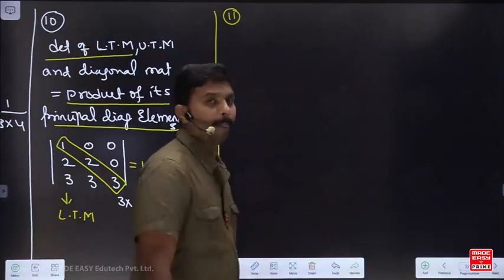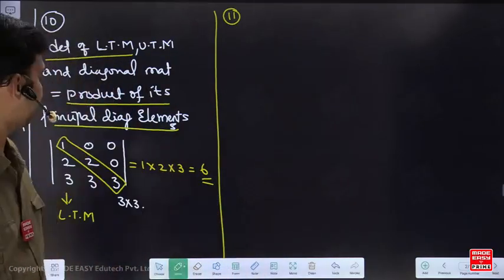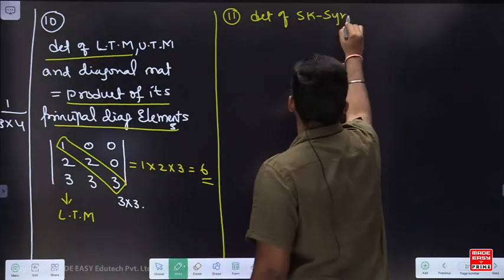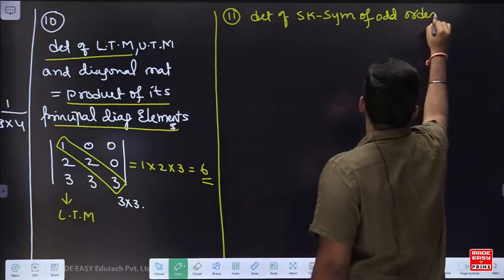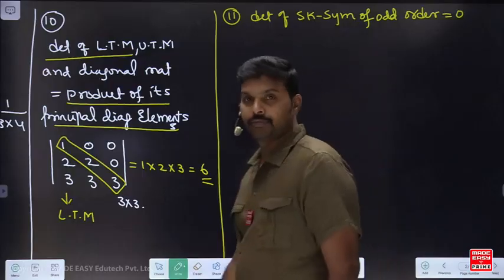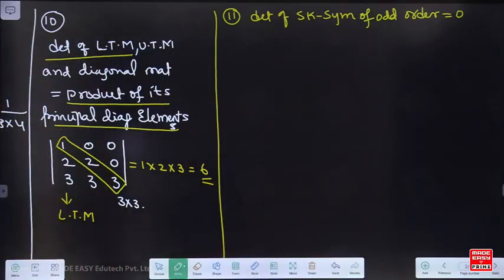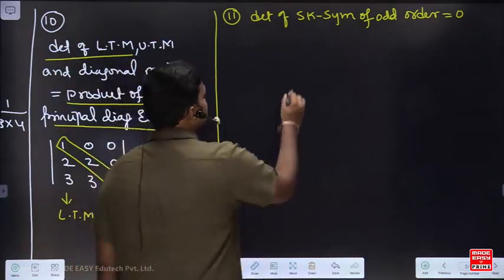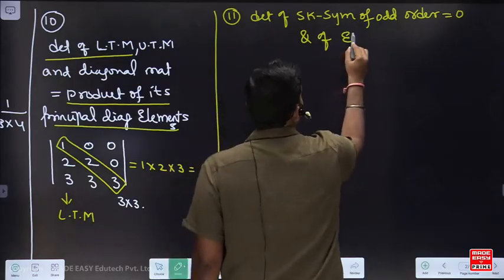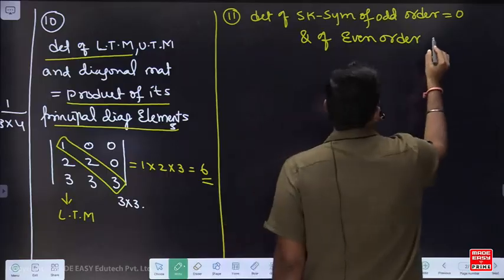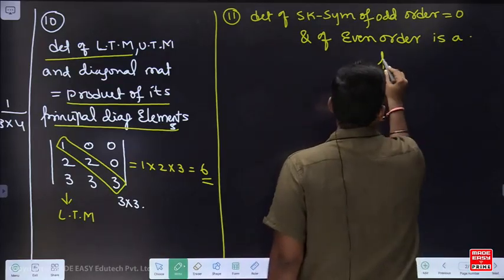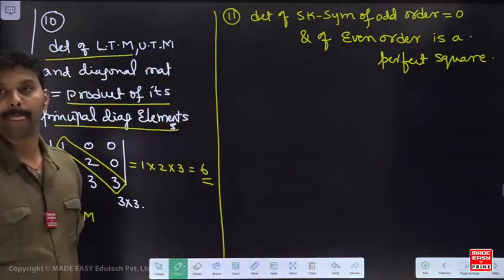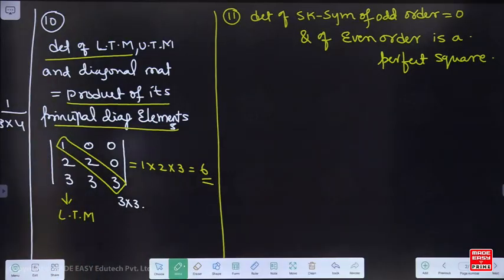The determinant of a skew symmetric matrix of odd order is equal to 0. And of even order is a perfect square.